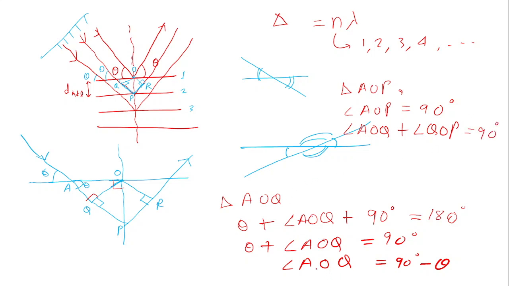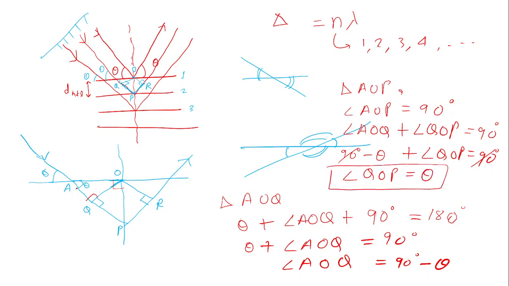Now we just found that angle AOQ is 90 degree minus theta, and angle QOP we still don't know, but the sum is equal to 90 degree. From here, the 90 cancels, and when minus theta goes to the right side, angle QOP will be equal to theta.